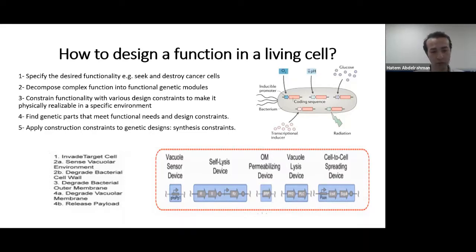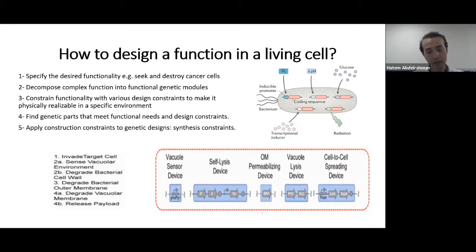You need to make some sort of top-down decomposition of this high-level specification, rather than having a fully complex function, you need this complex function to be encoded by smaller functional modules. And these smaller functional modules will be encoded by genetic sequences.